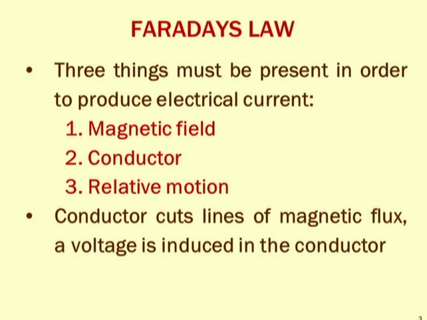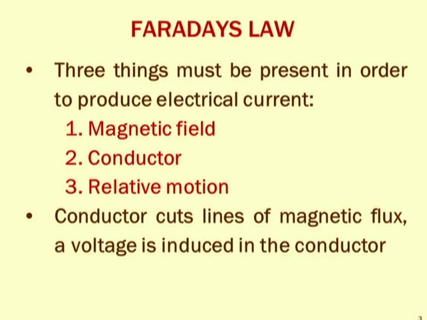Relative motion means either the conductor is moving or the magnetic field is varying. Both these are different cases. Finally, at the end of the lecture, I will say a few sentences about both these things. But if the conductor cuts the line of magnetic flux, a voltage is induced in the conductor according to Faraday's law, also known as Faraday's law of electromagnetic induction.